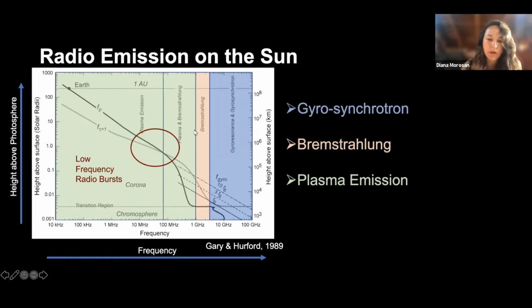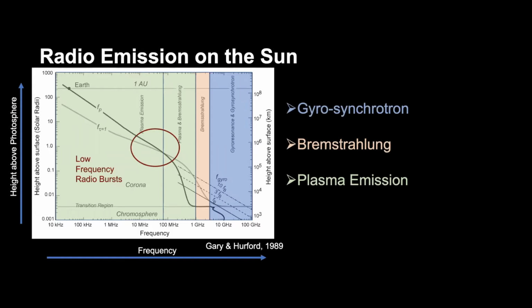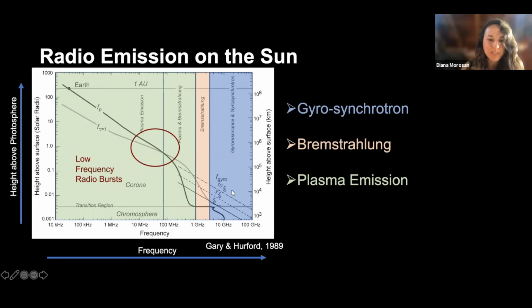There's a lot of other different radio bursts there, but the emission mechanism of those radio bursts that occur in that range is mainly gyrosynchrotron, and I will not be talking about that much. I won't be covering much of these today, but this frequency range here that looks at low frequency solar radio bursts.